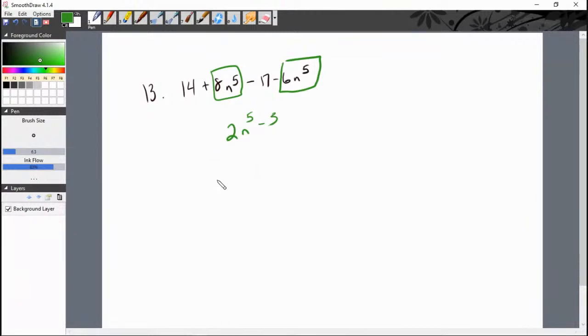If we rewrote it as 14 minus 17 plus 8n to the 5th power minus 6n to the 5th power, right? That would be negative 3 plus 2n to the 5th power, or 2n to the 5th power minus 3.